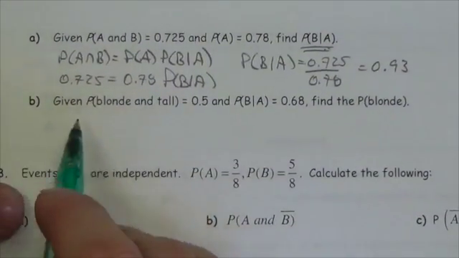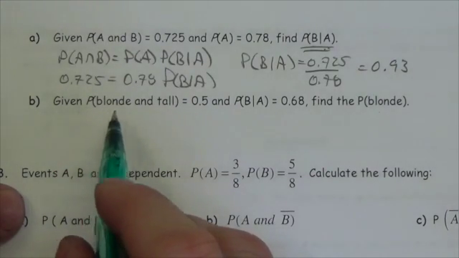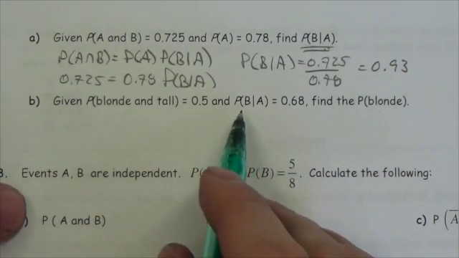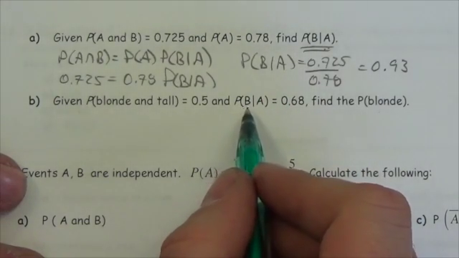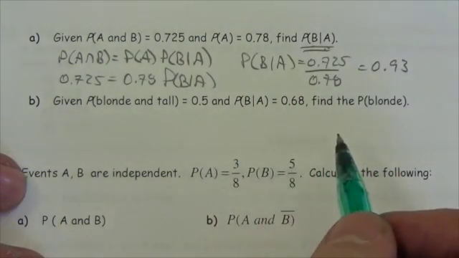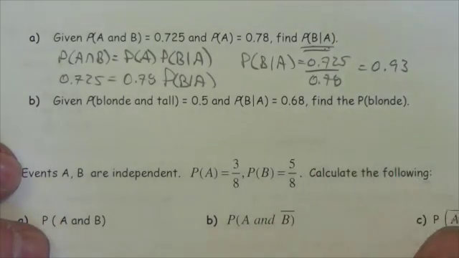Now let's take a quick look at this one. Given the probability of being blonde and tall is 0.5, and the probability of being blonde given that you're tall, that's kind of weird there, is 0.68, find the probability of being blonde.